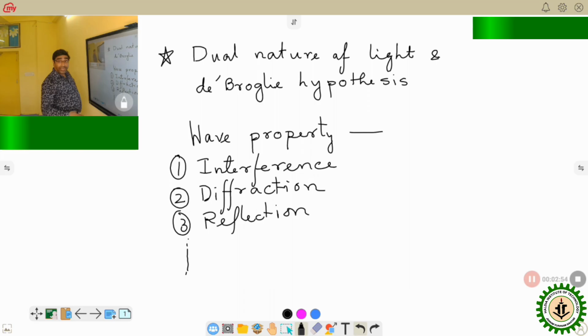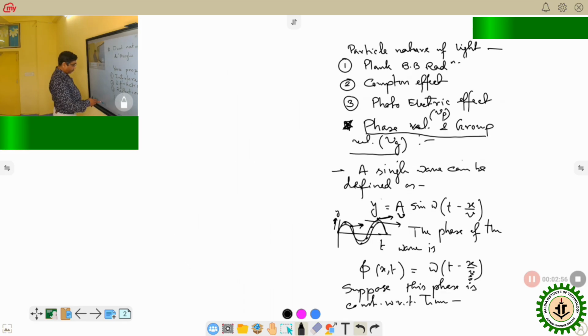Simultaneously, on the other hand, we have other properties, as we have already learned: Planck's blackbody radiation as well as the Compton effect. Before that, in class 11 and 12, we also learned the photoelectric effect.